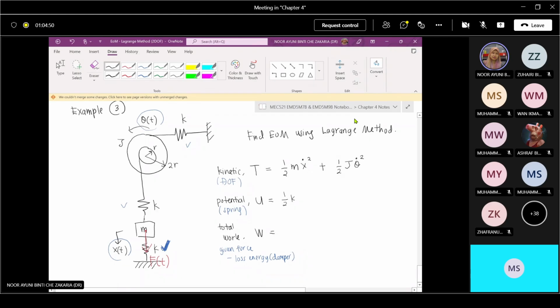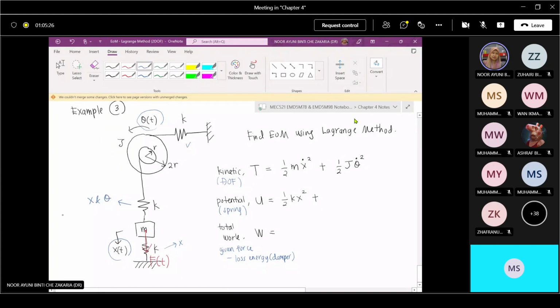This particular K is related to X. And then let's go for this K. So this particular K is related to, okay, this one relates to X and theta.